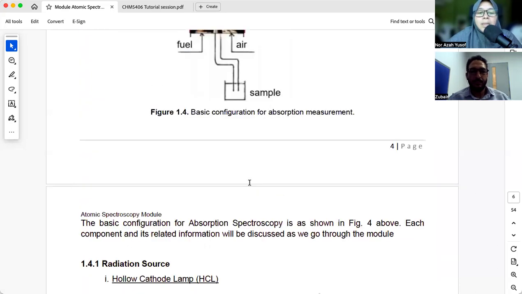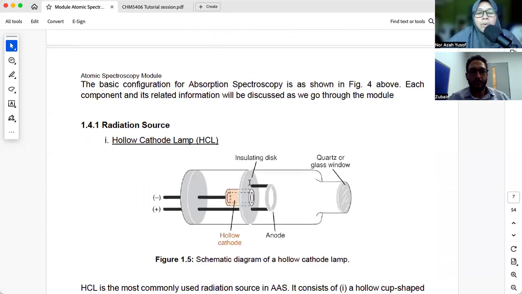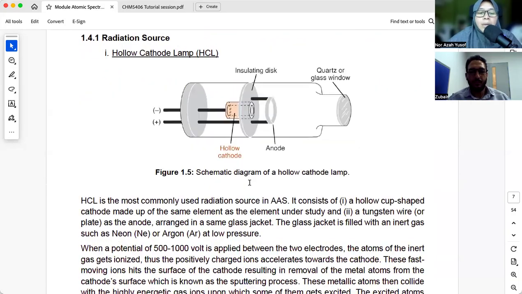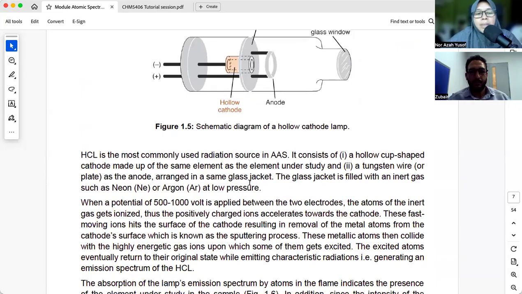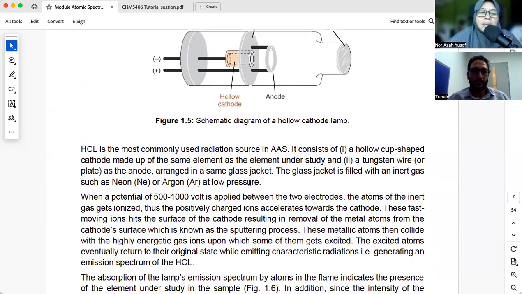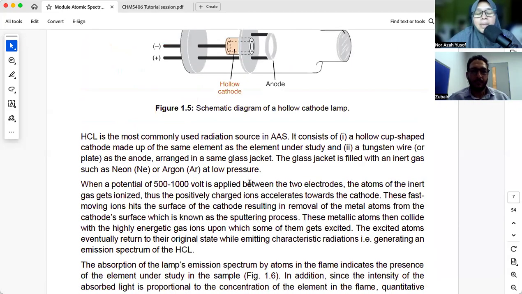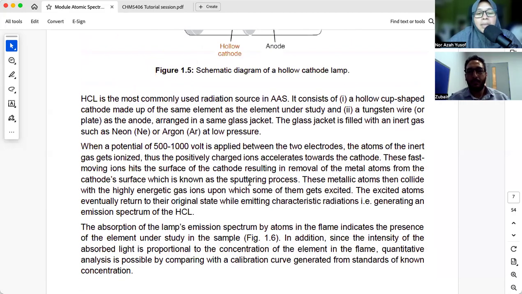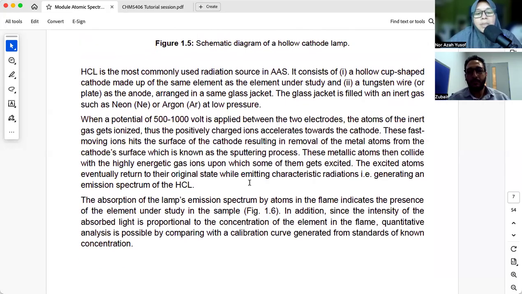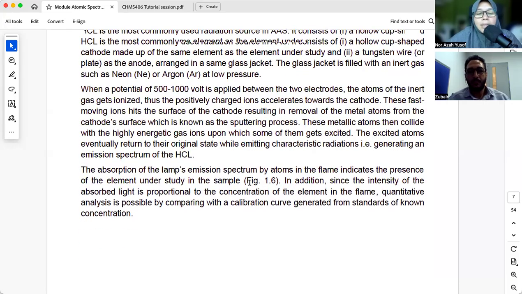This is basically the detail of the hollow cathode lamp. Inside the hollow cathode lamp, there are inert gases that are heated up, and that inert gas is the one that will excite the metal of interest that you want to analyze.